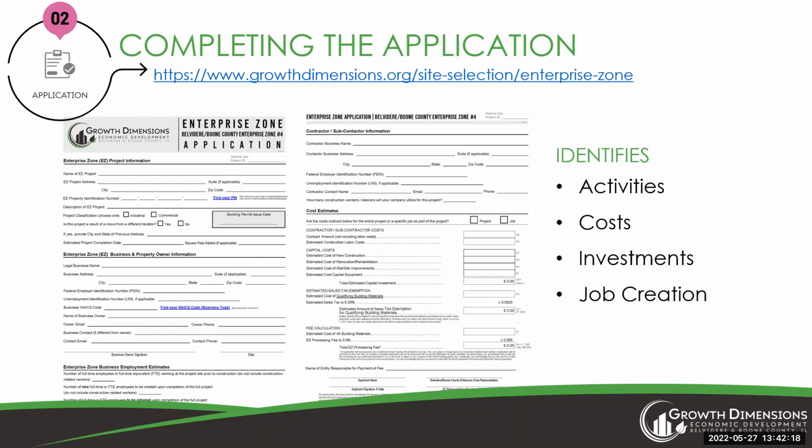This allows us to process a building materials exemption certificate for each party who will be purchasing materials for this project. We can walk through the application step by step in a separate video titled Completing and Submitting an Enterprise Zone Application.